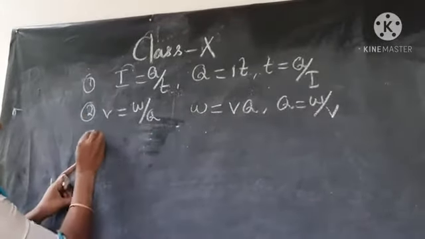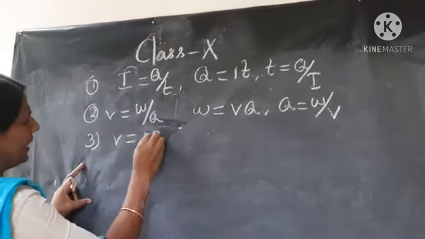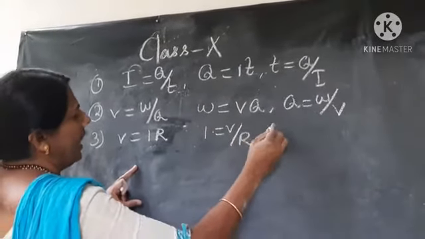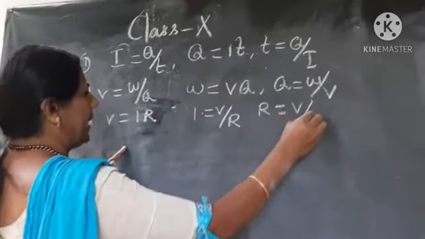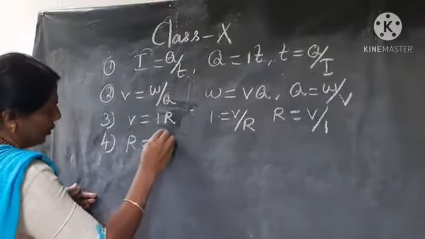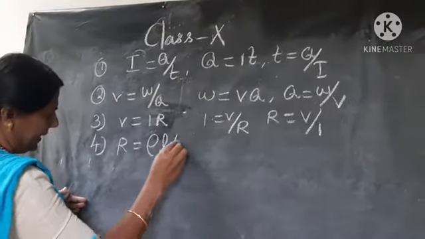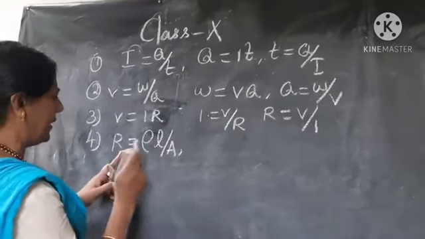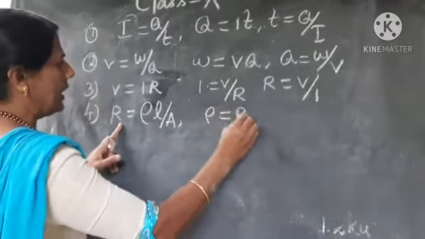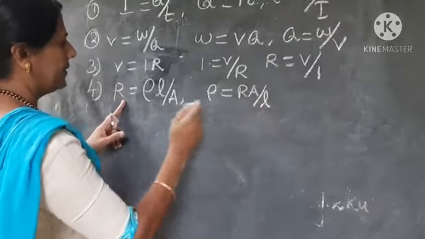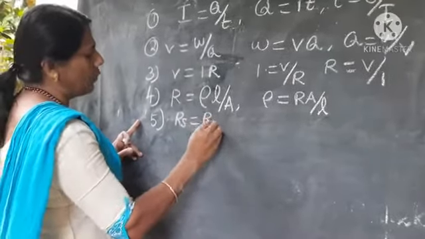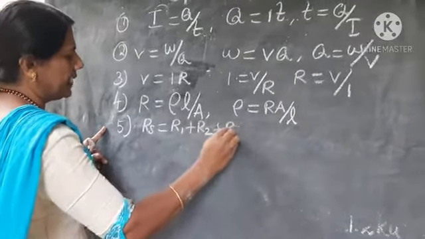The next is Ohm's law. V is equal to IR. Here also I is equal to V by R, or R is equal to V by I. The next formula is R is equal to rho L by A. From this you can write rho is equal to R A by L. The next formula, Rs is equal to R1 plus R2 plus R3.